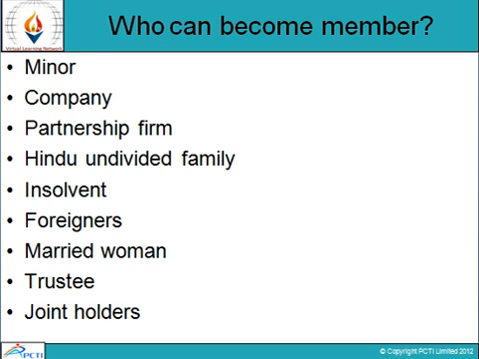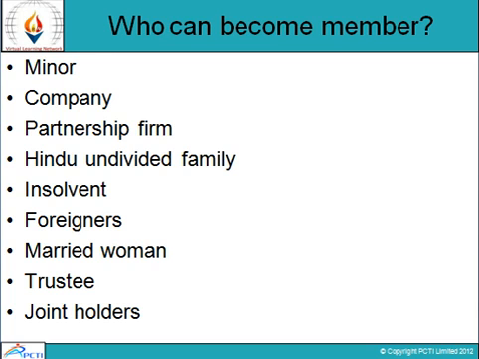Trustee. Section 153 of the Act laid down that no notice of trust, express or implied or constructive, shall be entered in the register of members. Therefore, a trustee cannot become a member of a company in his capacity as such, but a trustee can be a member in his own name.